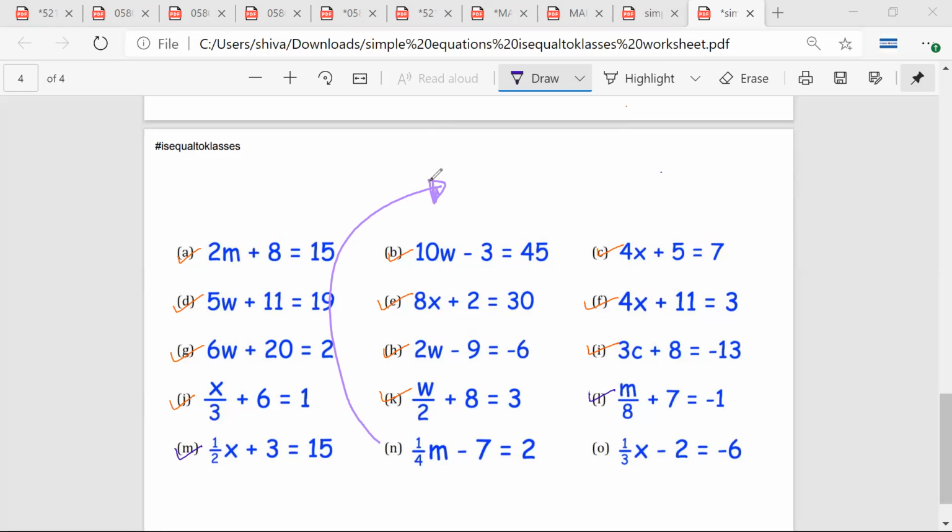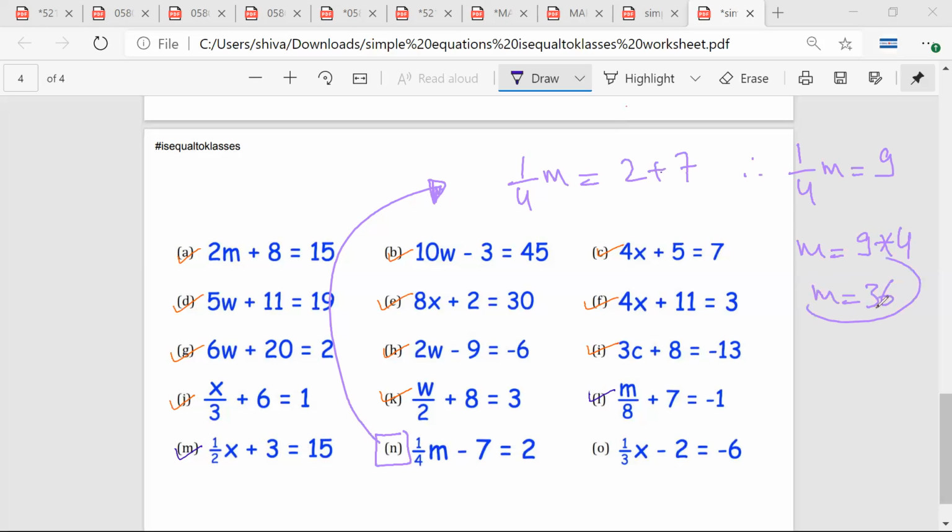Mr. Satya, what should I do in n part? 1 upon 4m equals 2 plus 7. Shabash. Then it will be 9 into 4, which is 36. Shabash. Very nice. Mr. Sarthak, any doubt? No, sir.